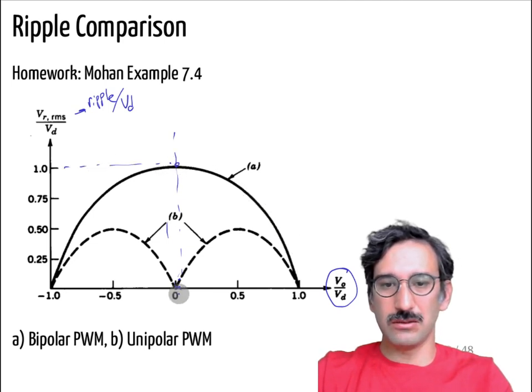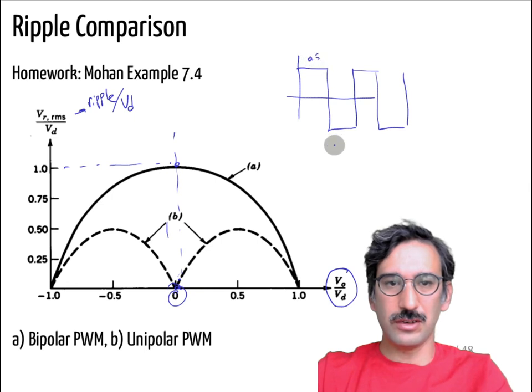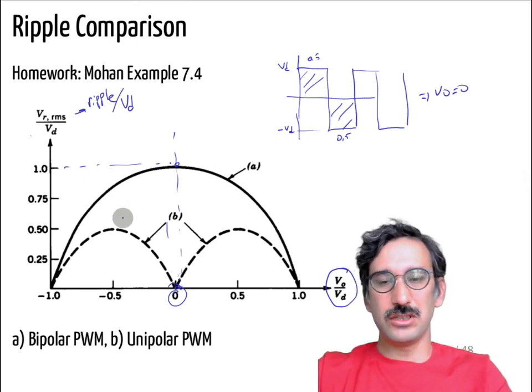And again, the worst case is where you want to generate 0 voltage. In order to generate 0 voltage with the bipolar voltage control, you will have 0.5 on VD and minus VD. So they cancel each other. So Vout will be 0, but it will be kind of rubbish.